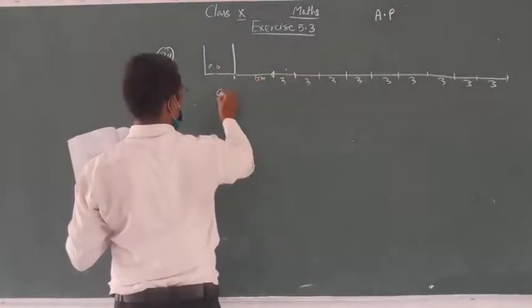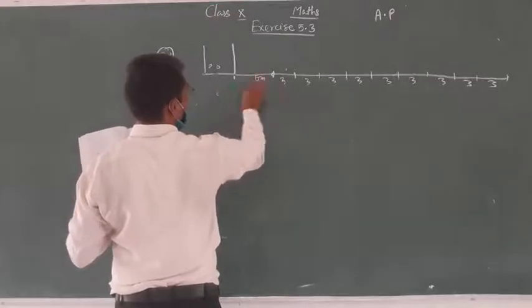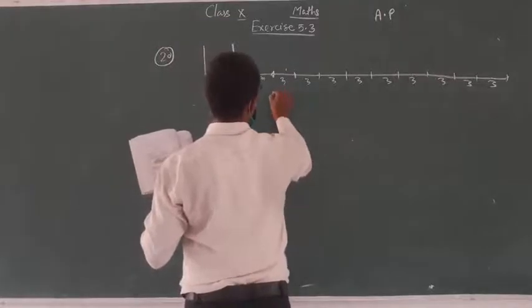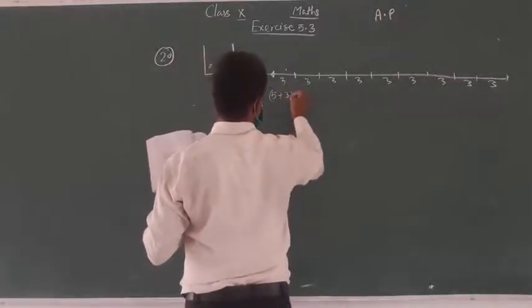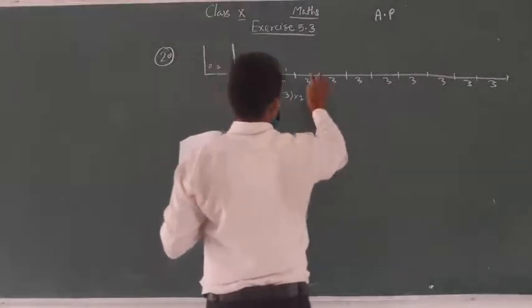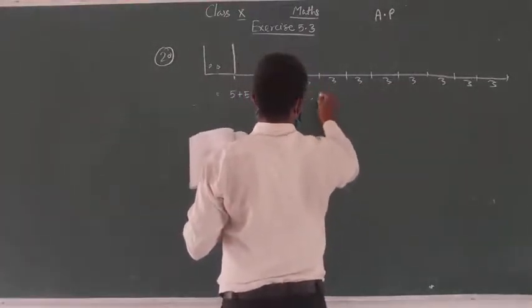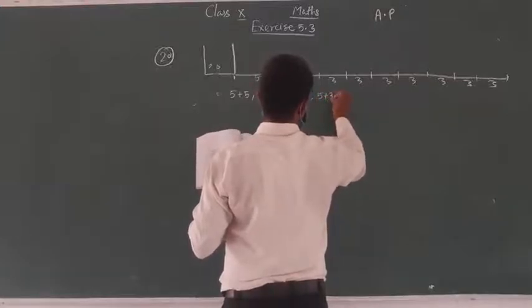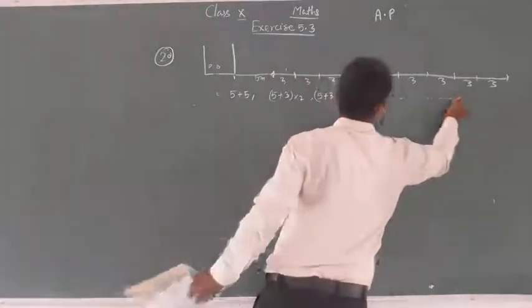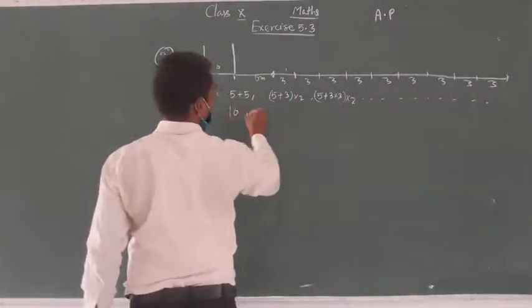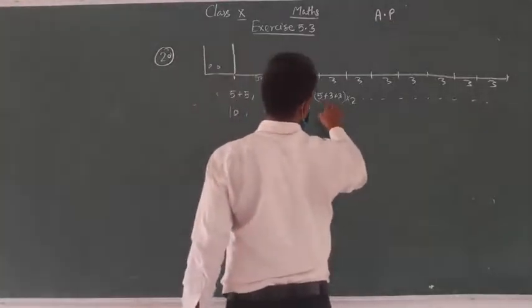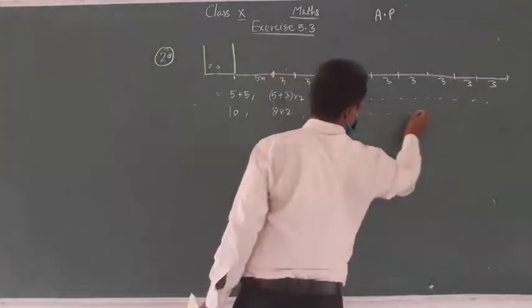So the first term a1 is 5 plus 5. The second is 5 plus 3, multiplied by 2, for the return. Then the next is 5 plus 3 plus 3, into 2. So the terms are 10, 16, 22, and so on.